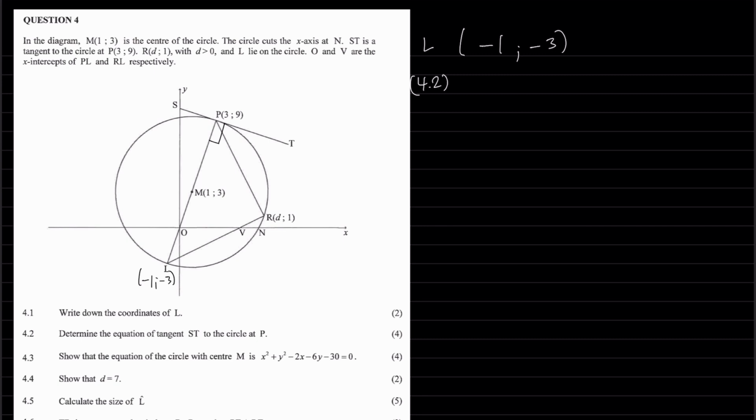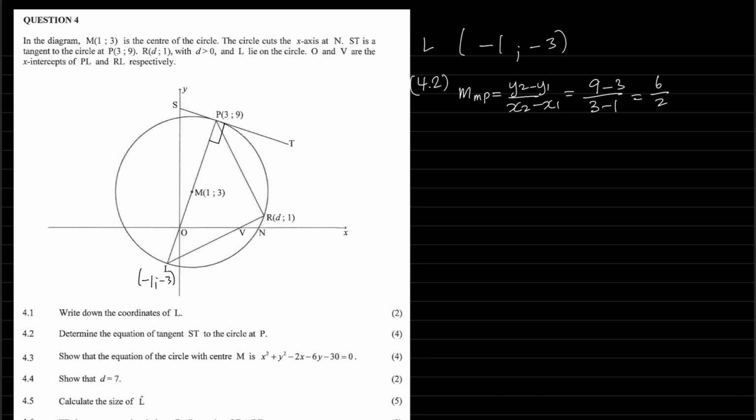So if we work out the gradient of the radius, we can then get the gradient of the tangent. All right, so let's work out the gradient of MP. That's going to be y2 minus y1 divided by x2 minus x1. It doesn't matter which points you choose as your x2 and y2 or x1 and y1, as long as you remain consistent. So I'm going to choose 9 minus 3 divided by 3 minus 1.